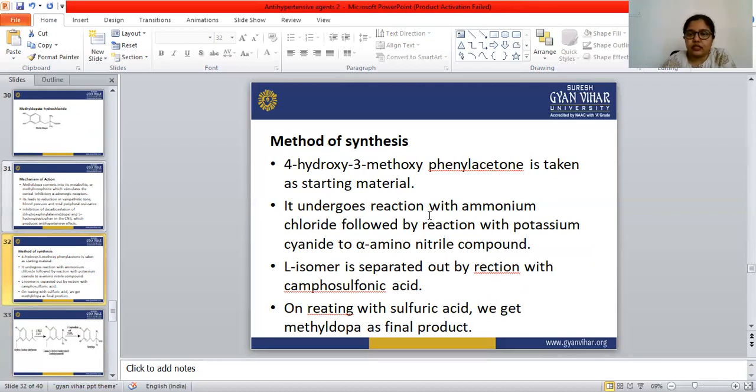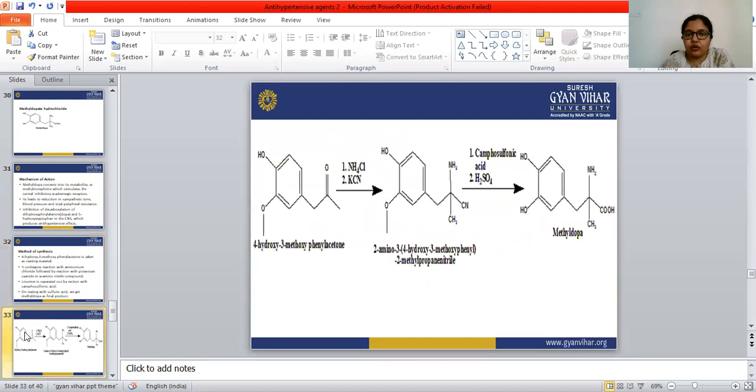It undergoes reaction with ammonium chloride, NH4Cl, followed by reaction with potassium cyanide, to give an alpha amino nitrile compound. When this reaction happens, we get 2-amino-3,4-hydroxy-3-methoxyphenyl-2-methyl propane nitrile.